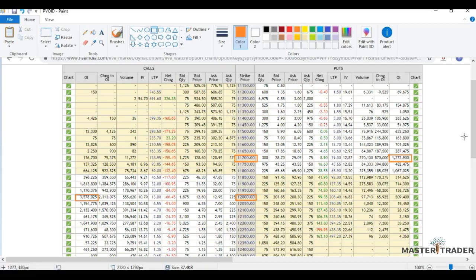All of the OI data that you see here is of writers, option writers. Now what are option writers? They're simply sellers.